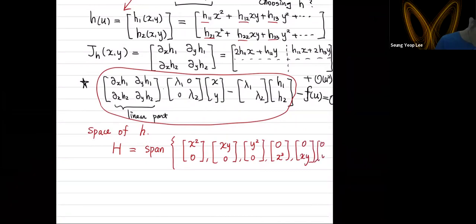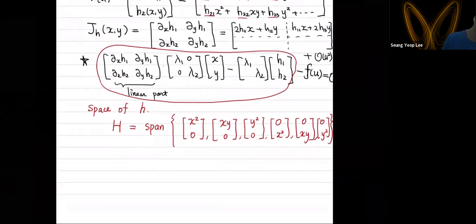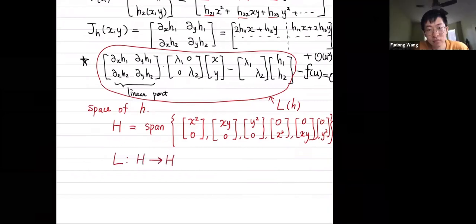That's the space of all the possible quadratic corrections to the linear term. So you can view this as an operator, L of H, where L is a function from H to H.